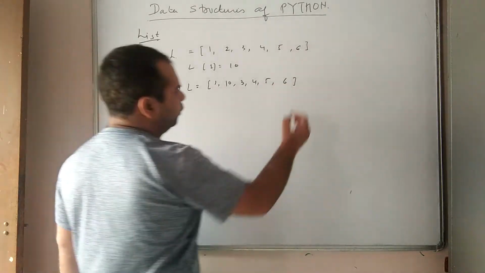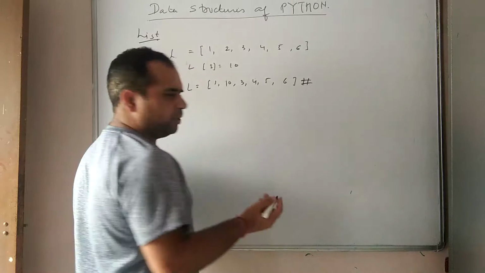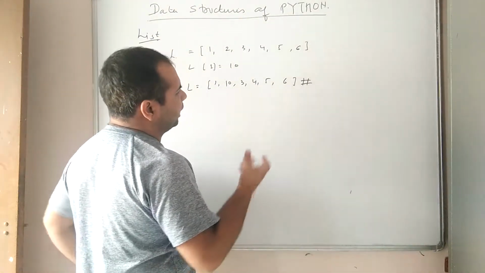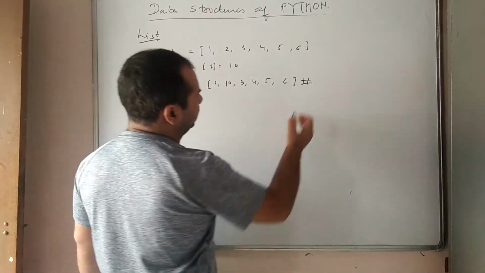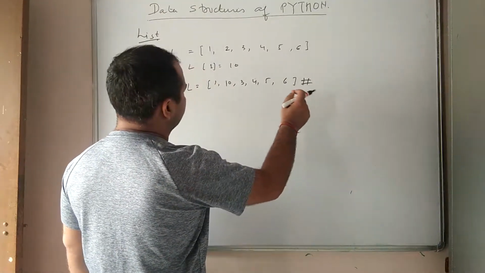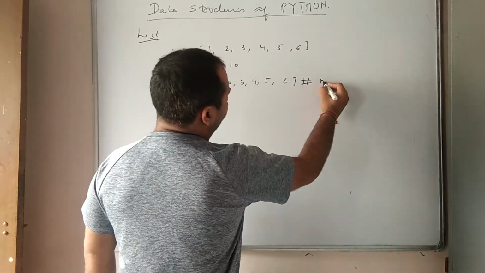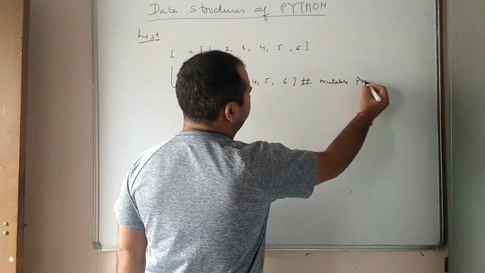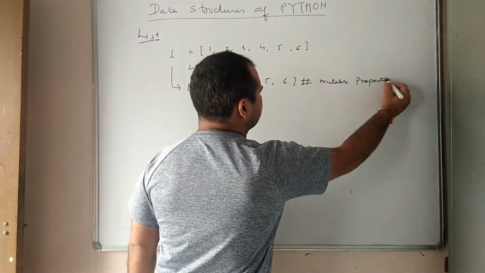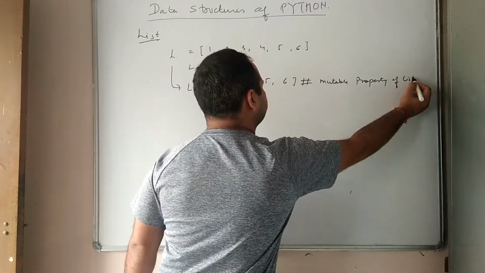So what does this show? Comments can be made by using the hash sign. What does this show? This shows the mutable property of a list, right?